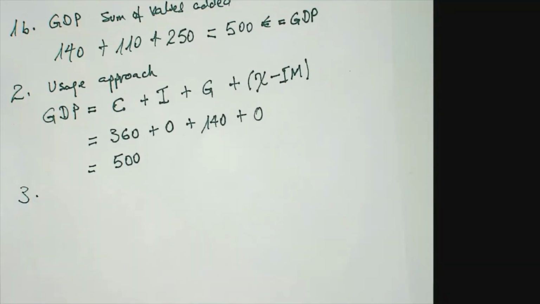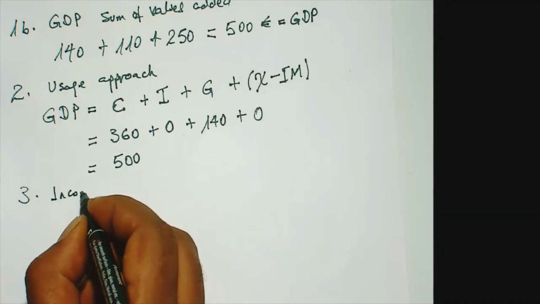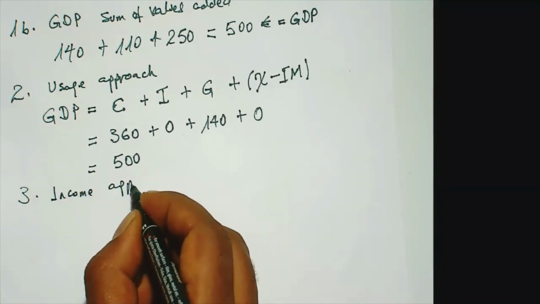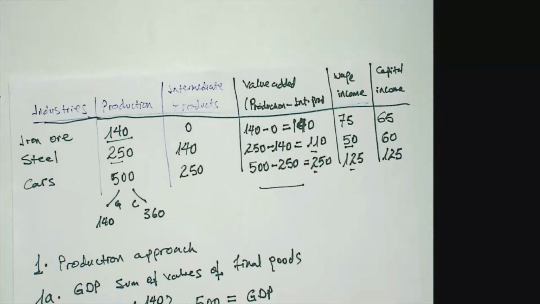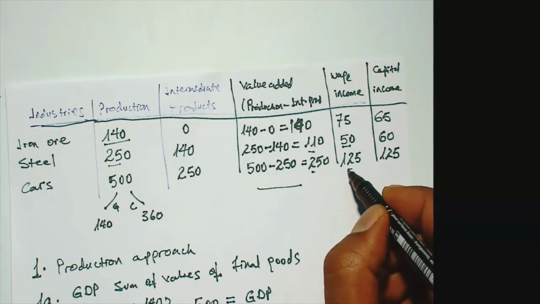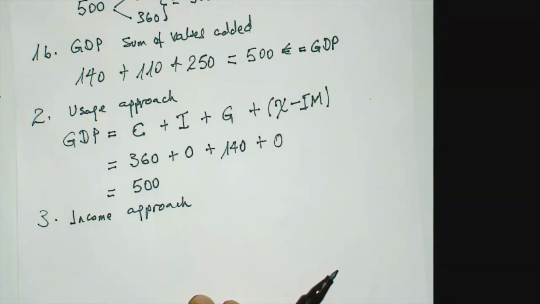The third approach that we are going to consider right now is the income approach. If you remember from our table in the beginning, we have seen two types of incomes. The first one is wage income, and the second one is capital income.